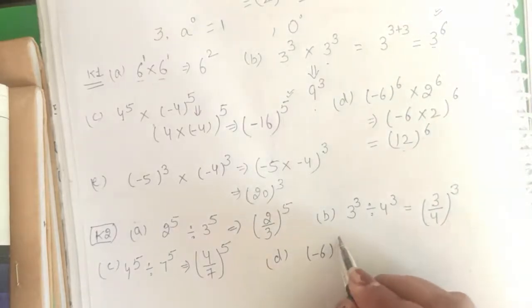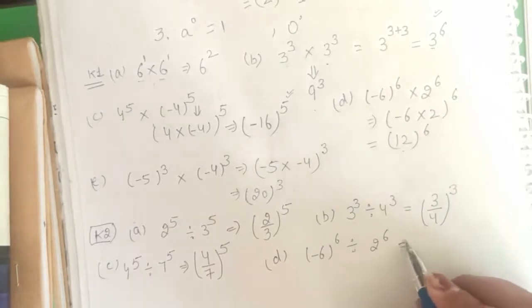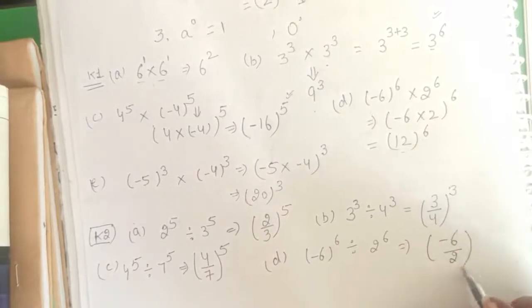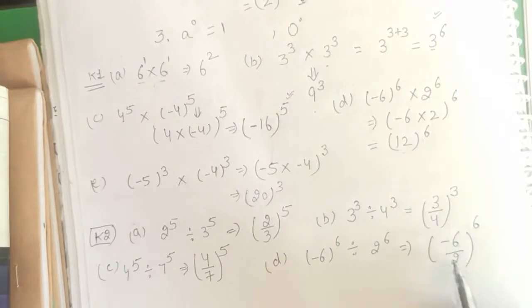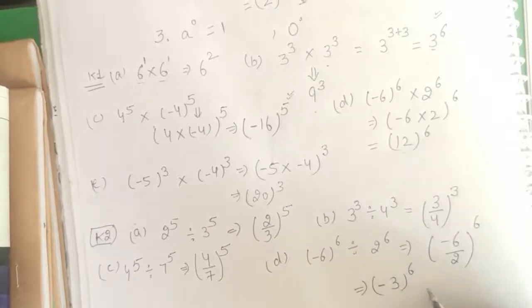Now come to D part, minus 6 the power 6 divide by 2 the power 6. Again same, minus 6 by 2 the power 6. See, this 6 can be divisible by 2 and your answer is minus 3 the power 6.